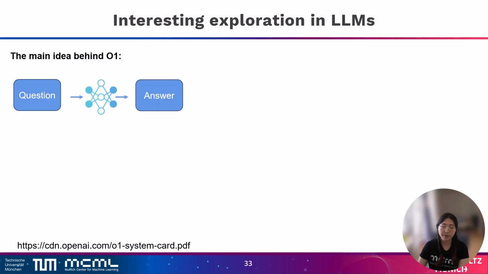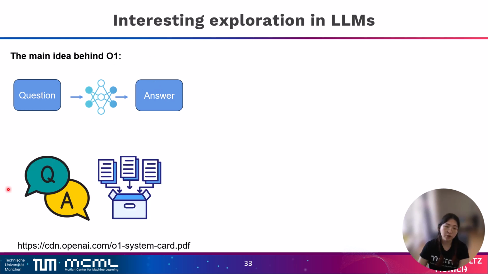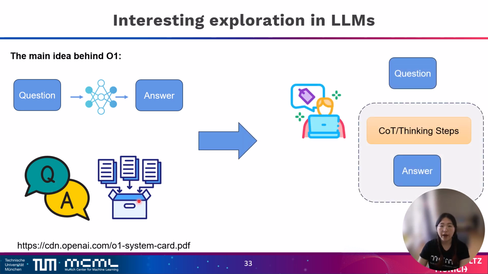So the main idea behind o1 is that we have a model trained with question answering. This is what the large language model did before, so we needed to collect a lot of question-answer pairs during training. However, now it's changed. We hire people to label a lot of the thinking steps, the solving process of the answers.